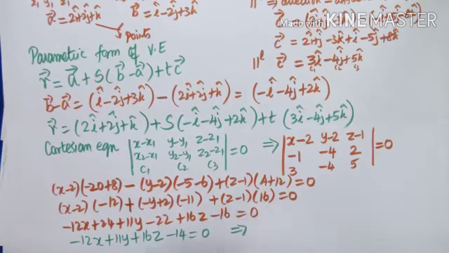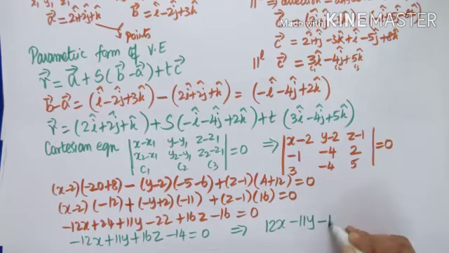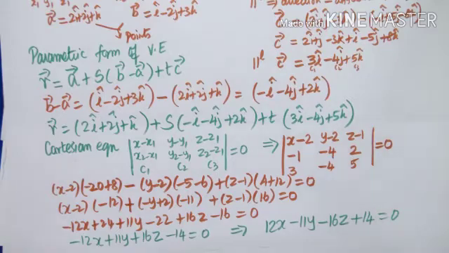We always keep x to be positive. So the answer is 12x minus 11y minus 16z plus 14 equal to 0, and that is the Cartesian equation.